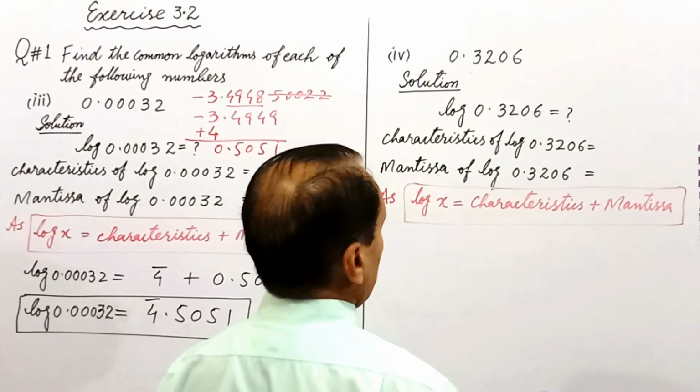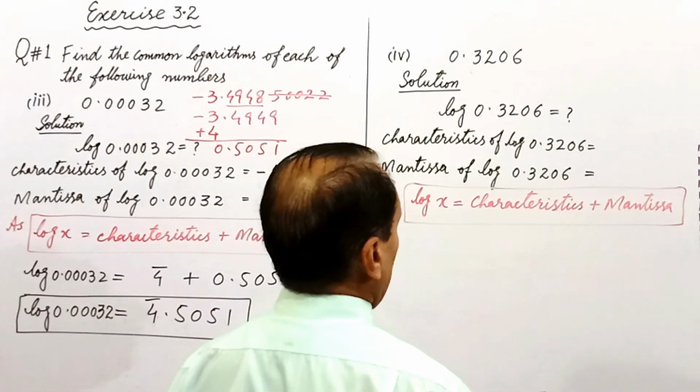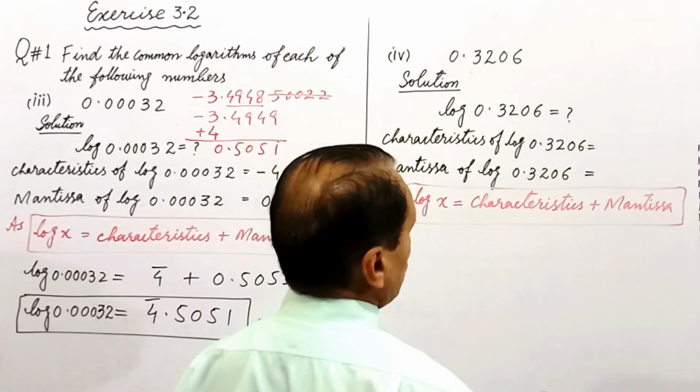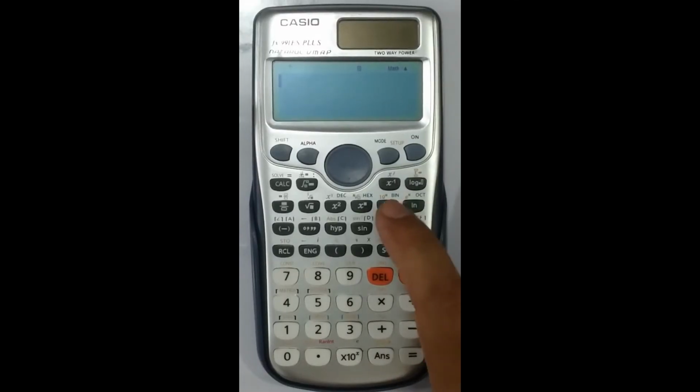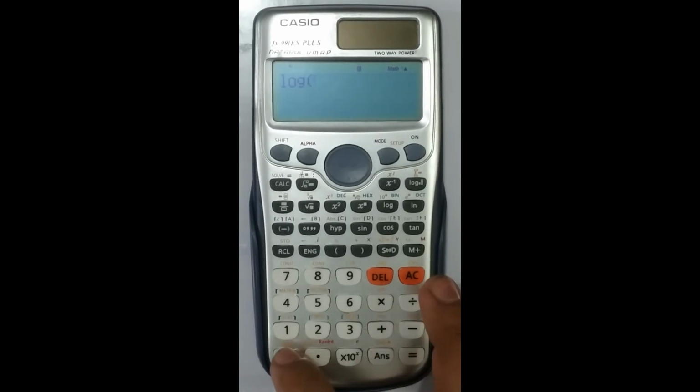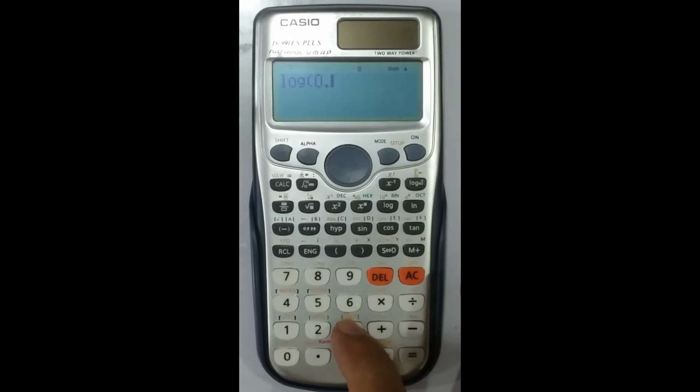We use the scientific calculator: we press the log function and then the number 0.3206, then press equal.